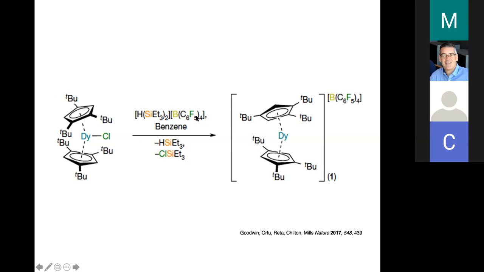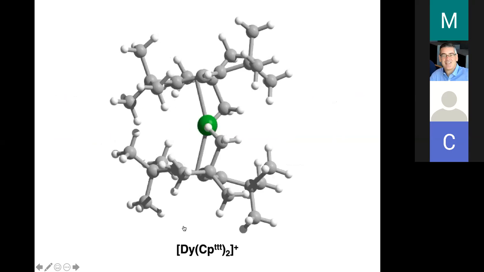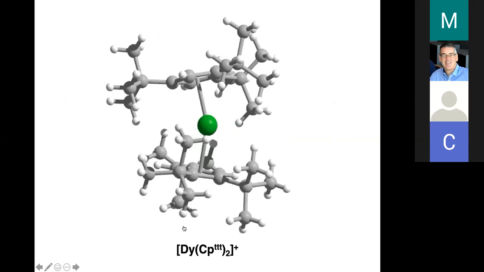And so this is a fluorinated aryl borate anion, which has a 1- charge and is not coordinating, and the solvent here also won't coordinate. So once you abstract the chloride, you could make this cationic form of this metallocene complex of dysprosium 3+. And you can see it has, as shown, a bend in the structure. Right, so this is a really interesting molecule.